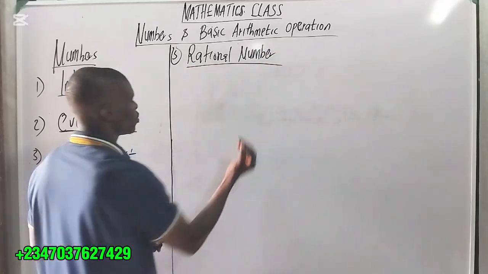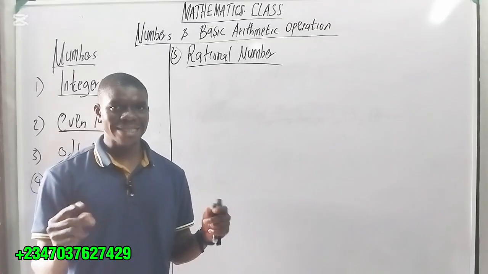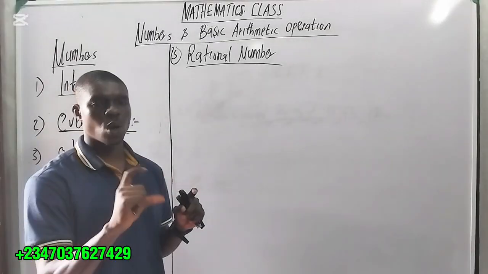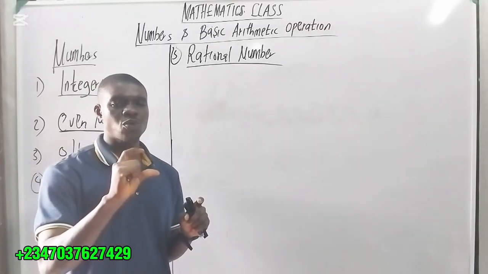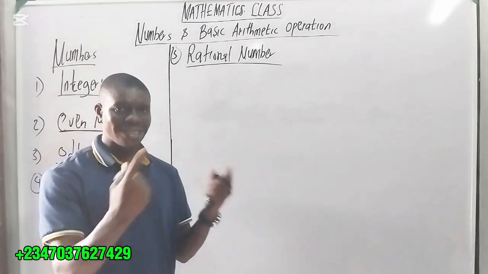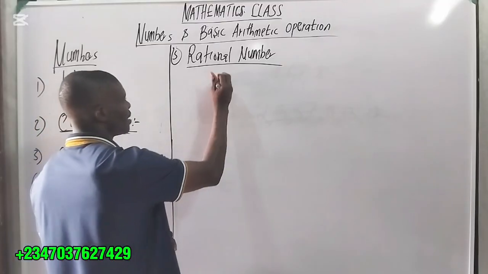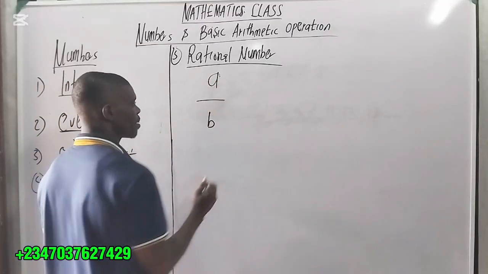Now, what is a rational number? A rational number is just a fraction, right? It is the quotient of 2 integers. When we talk about quotients, that is the division of 2 integers, up and down. So when we talk about a rational number, we talk about a over b, right?